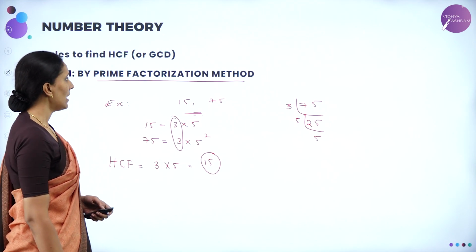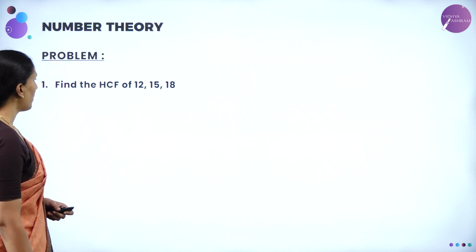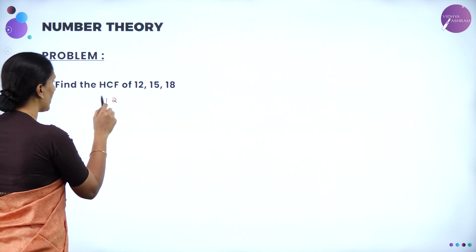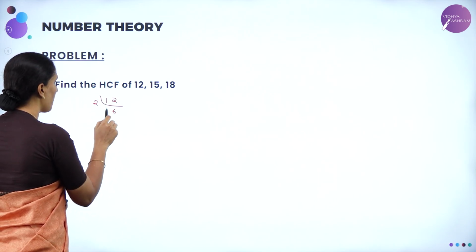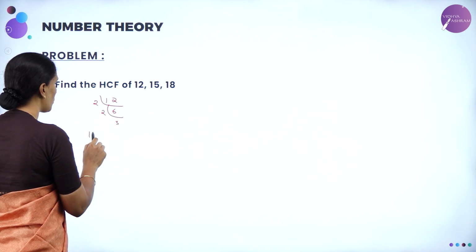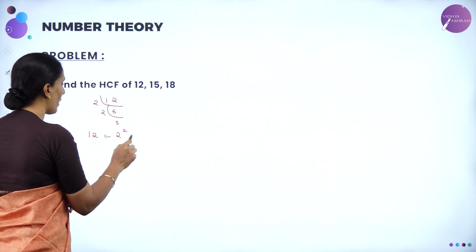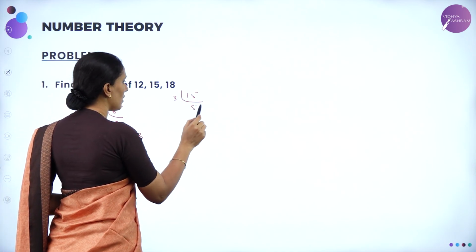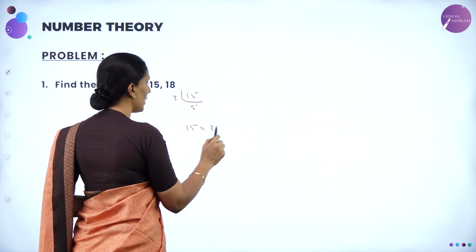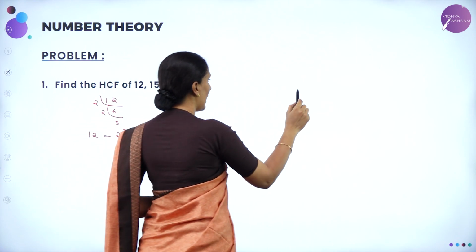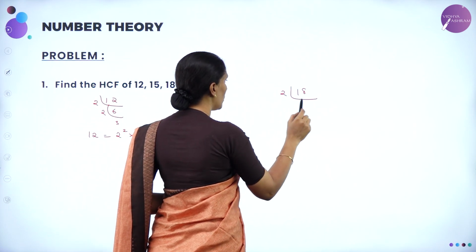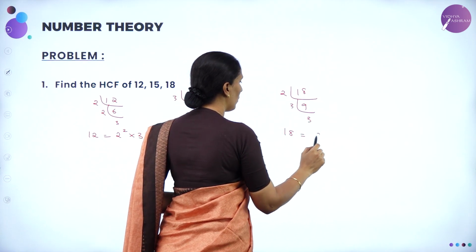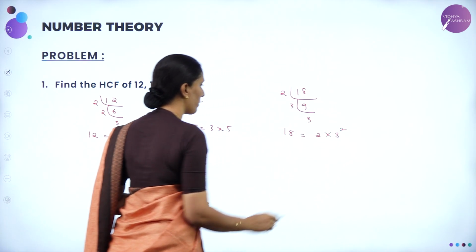So similarly, let's take the problem. Find the HCF of 12, 15, 18. So 12 can be written as 2 6s, 2 3s. That is 12 is equal to 2 square into 3. Next 15 can be written as 3 5s, that is 3 into 5. Next 18 can be written as 2 9s, 3 3s, that is 18 is equal to 2 into 3 square.